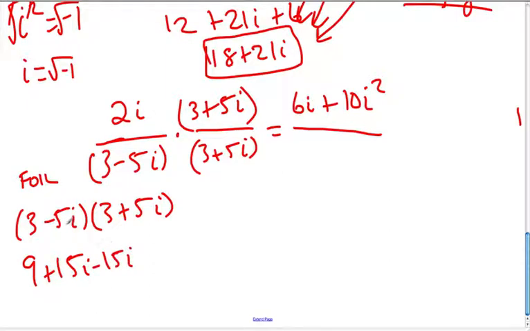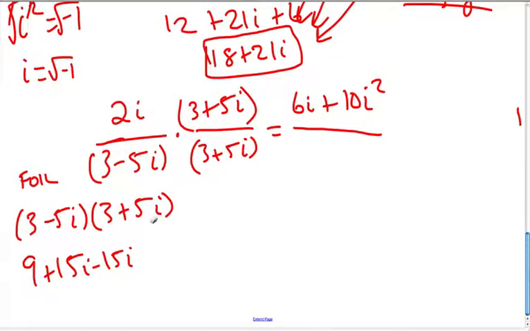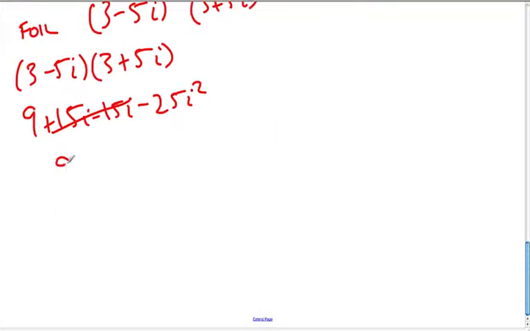And then the last is negative 5i times 5i, which is negative 25i squared. So these disappear, which makes it become 9 minus 25i squared.